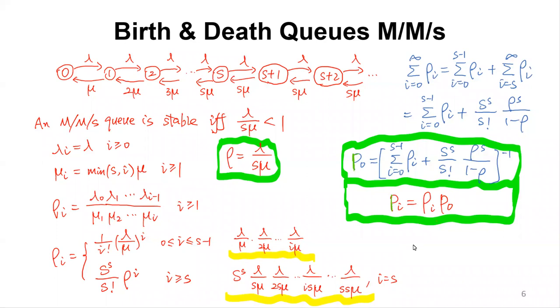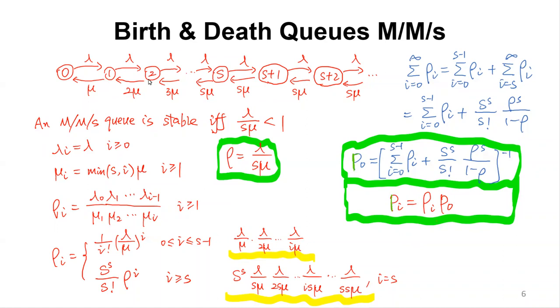What if we have S servers? Still infinite capacity, but we have S servers. So what's the difference? Previously, we only had mu here, right? But now you have S servers. Whenever you have less than S customers, for example, you have 2 customers, then both customers will get into a server because you have S servers, if S is greater than 2.